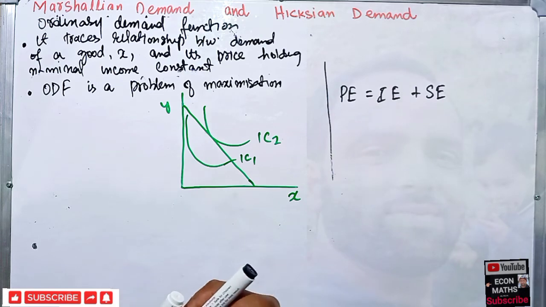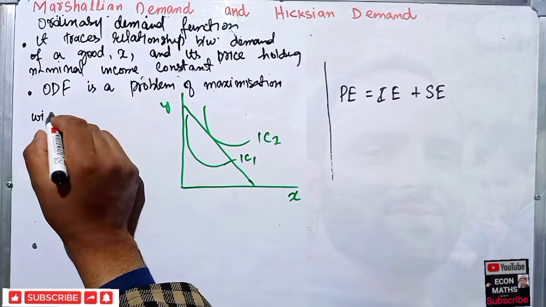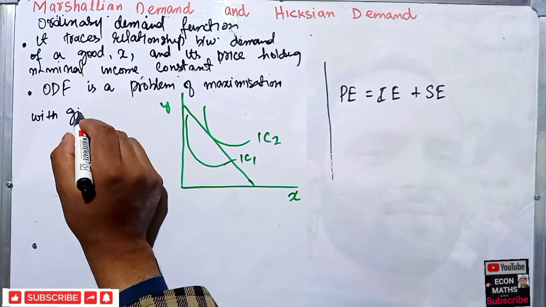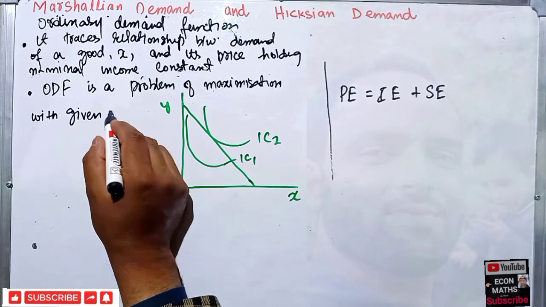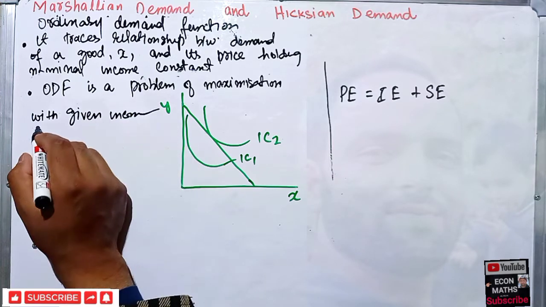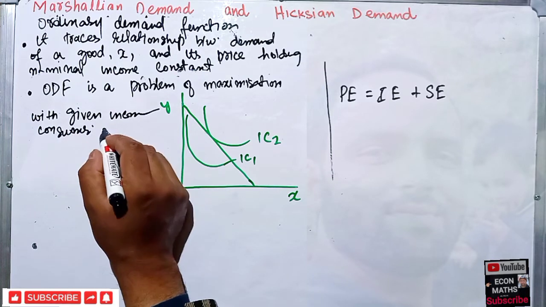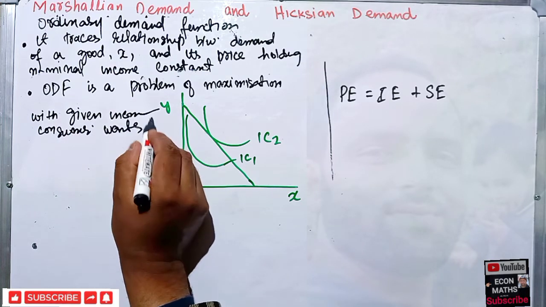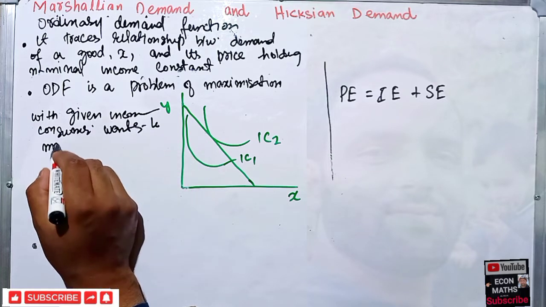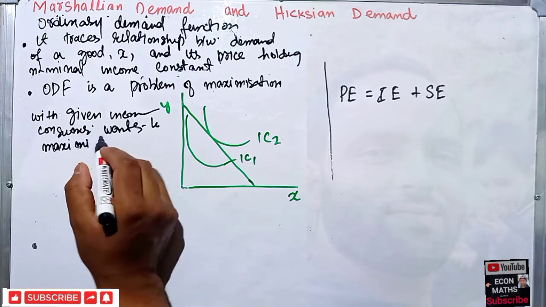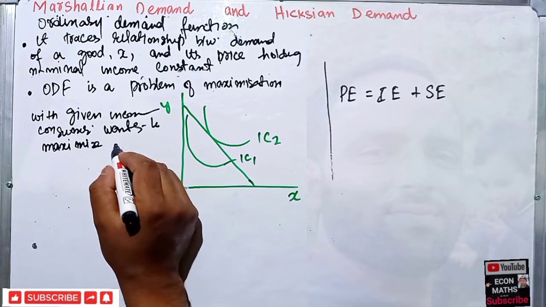Okay, so I will write: with given income, consumer wants to maximize utility.